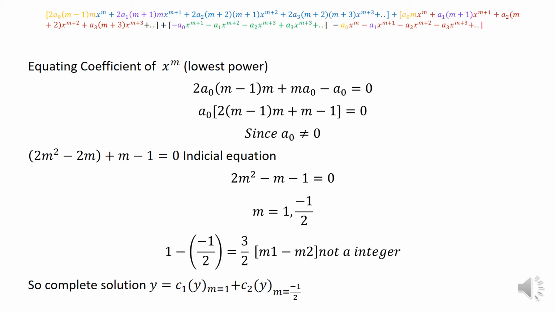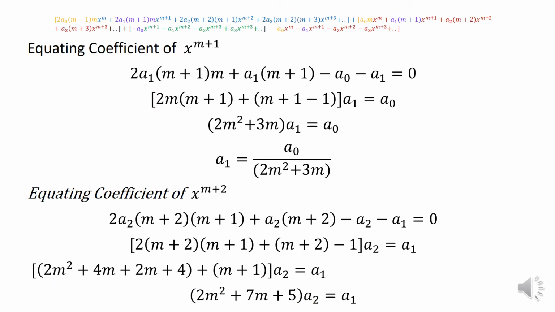Now the value of y we know, right? At the start of the article we have written the value of y. Same we will take by comparing the coefficient of x to the power m plus 1, right? That is 2a1, x to the power 1. Right, this is 2a1.